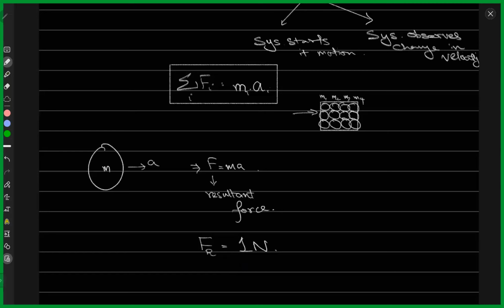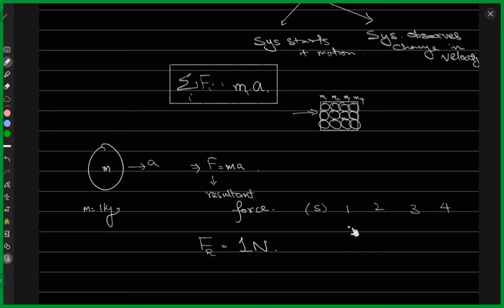That 1 newton of force is acting on the ball. What that would mean is, suppose the mass of the ball is 1 kilogram, then 1 newton of force would be responsible to accelerate this 1 kilogram by 1 meter per second squared. Now, again, you can ask, what does that mean? That is telling you that after every second on the clock that passes, so these are seconds, right?